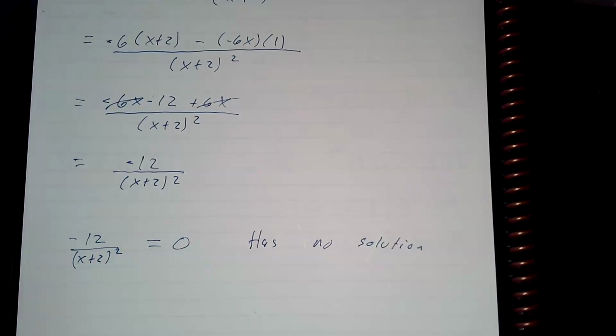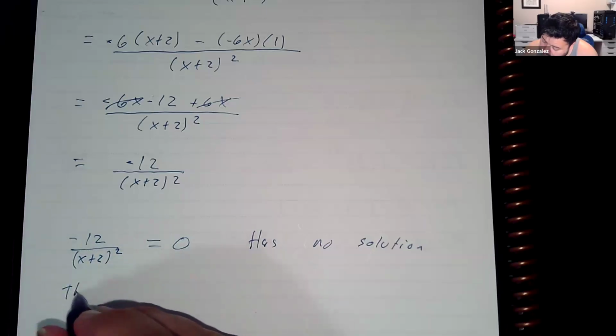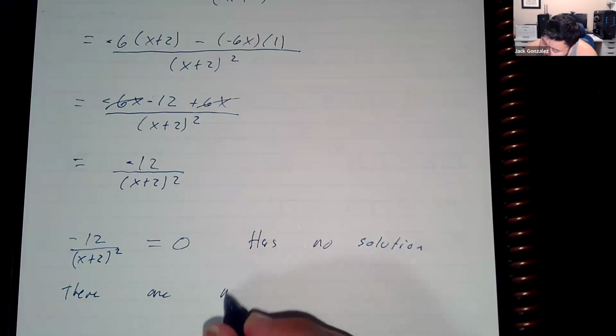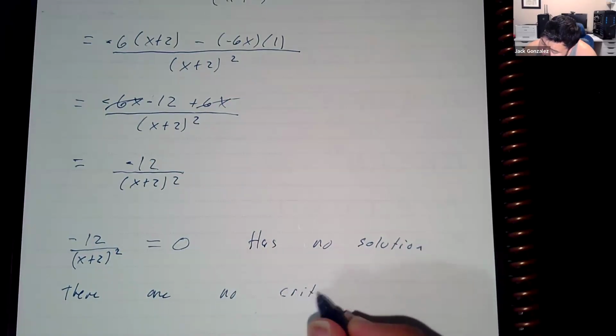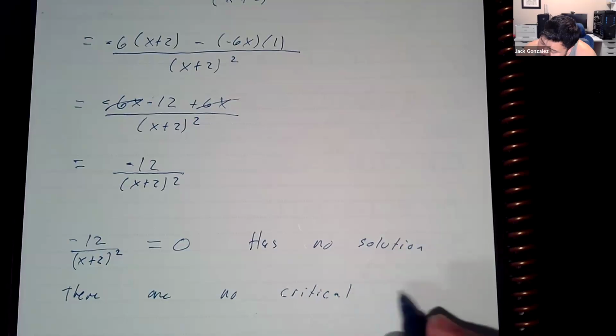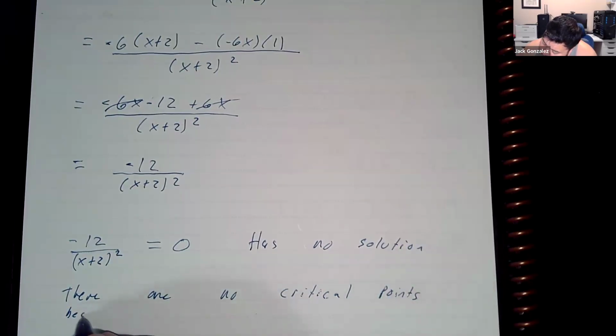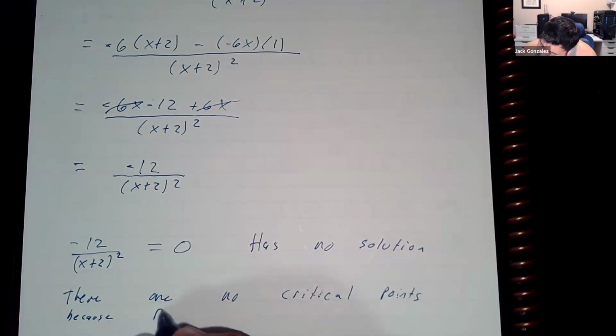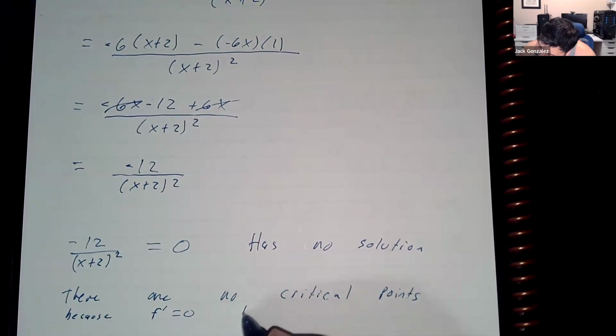It said, when I took the review, the answer was no critical points. That's right. There are no critical points because there's no solution to the derivative equal to 0, because f prime equal to 0 has no solution.